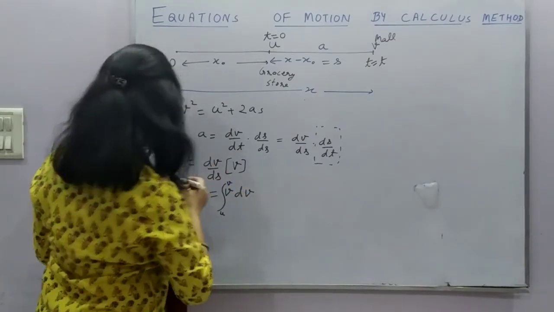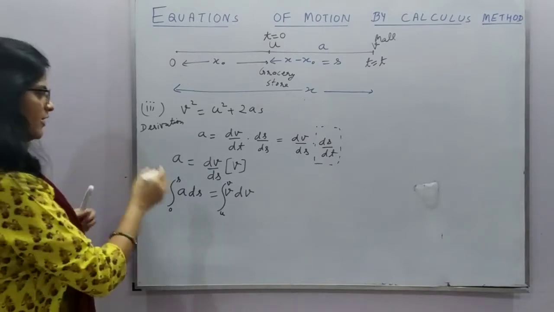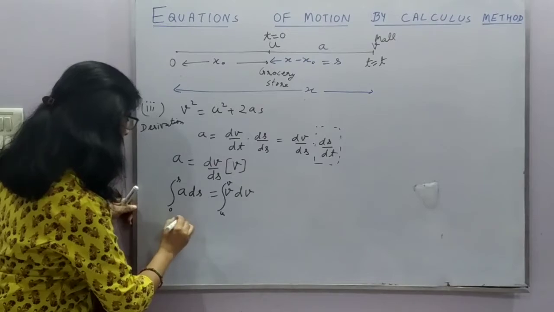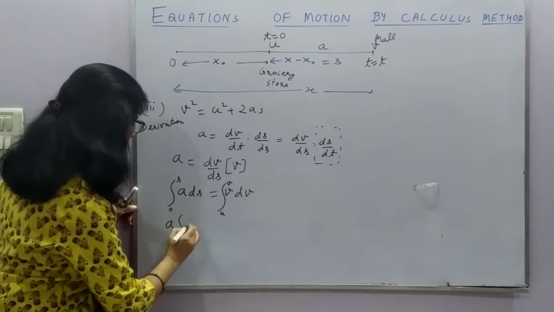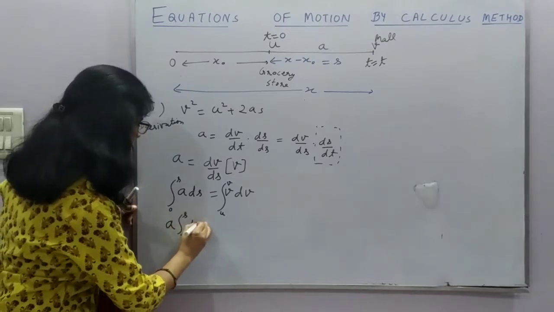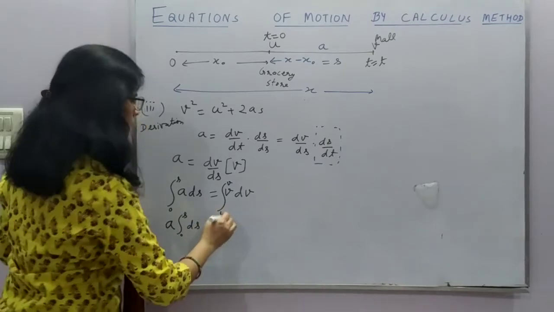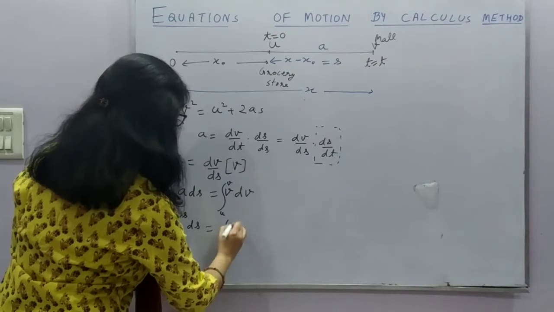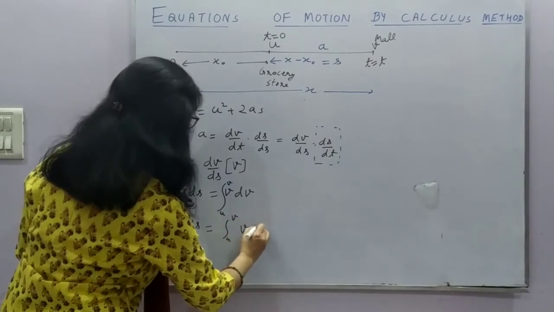So these are the limits for the velocity. Now a will be kept outside the integral sign. You remember this because a is uniform. So this can be written as a, 0 to s, ds is equal to u to v, v dv.